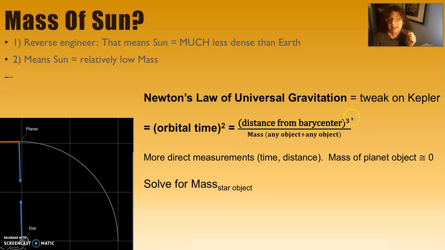And what he did, a tweak on Kepler's third law, made it into Newton's law of universal gravitation, and he took Kepler's third law and divided this side of it by the total mass of a system of two objects, meaning that the mass of one object is attracted to the other. Ma equals ma. So the mass of the sun and the acceleration of the sun to the earth equals the mass of the earth and the acceleration of the earth to the sun.